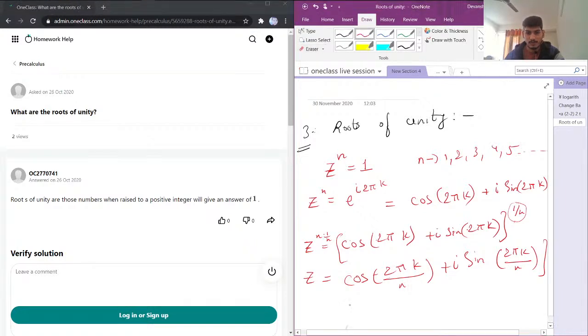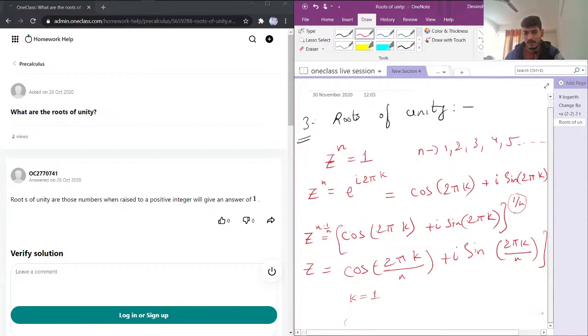For k equal to 1, I will have c equal to cos of 2 pi by n plus I times sine of 2 pi by n.